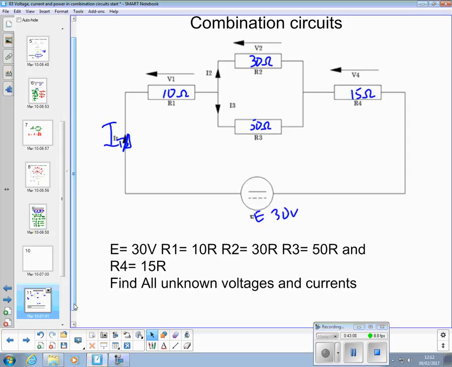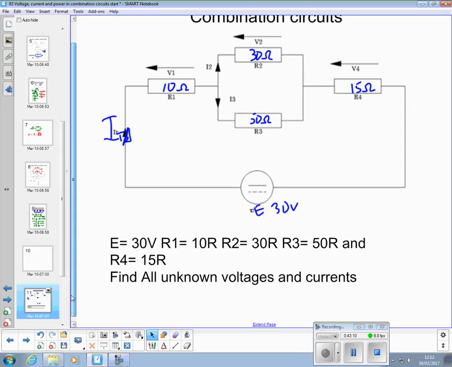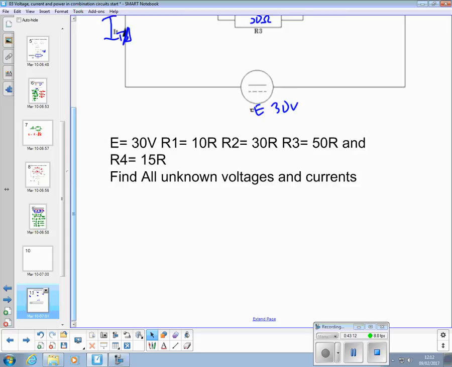So, looking for the extend the page button. RT is equal to. Should we try and do this all in one go here?